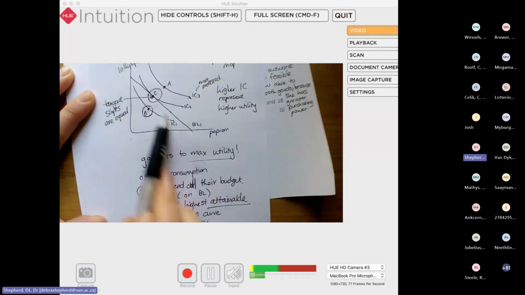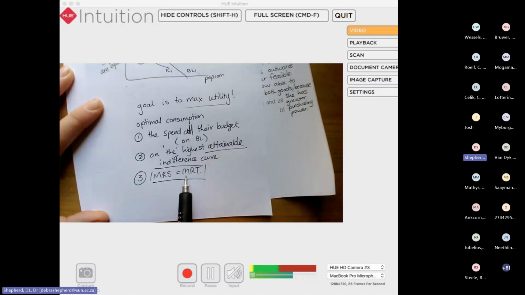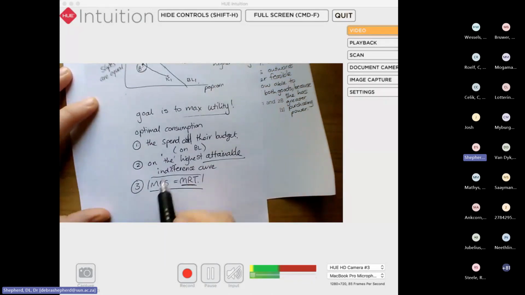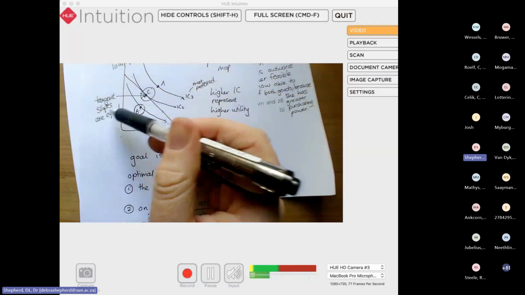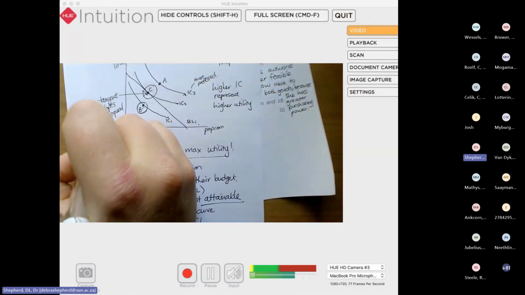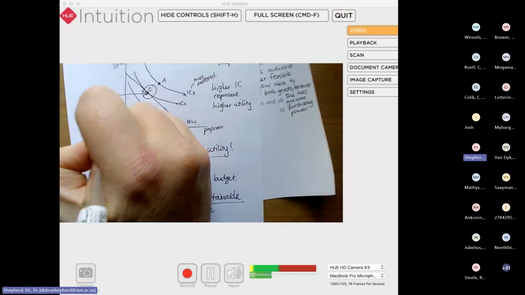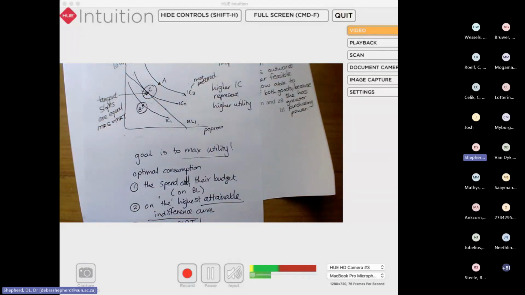The slope of the feasible frontier, the budget line, is the marginal rate of transformation. And the slope of an indifference curve is the marginal rate of substitution. So when you are at this optimal point, the slopes are equal, which means the rate at which you, as the consumer, are willing to trade these two goods is exactly equal to the rate at which you must trade the two goods.